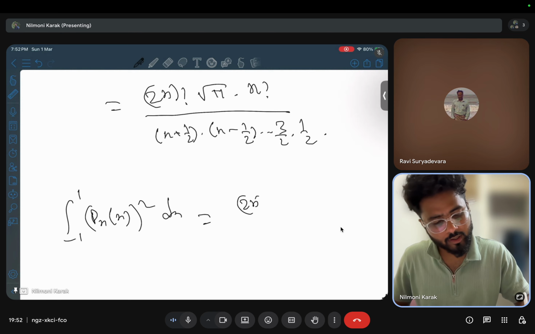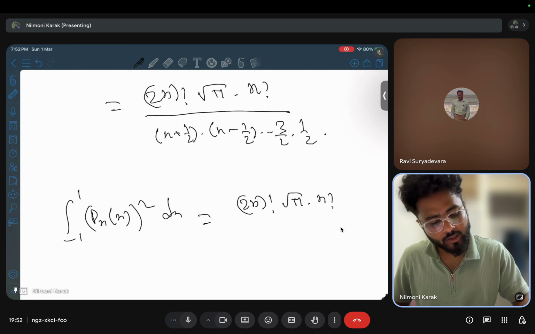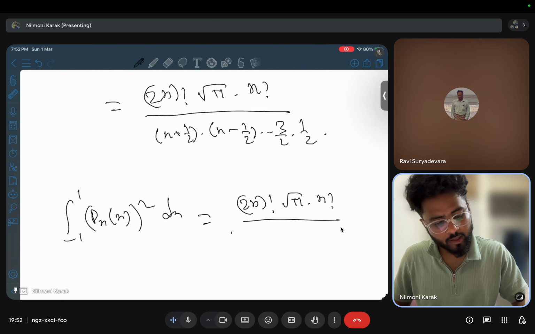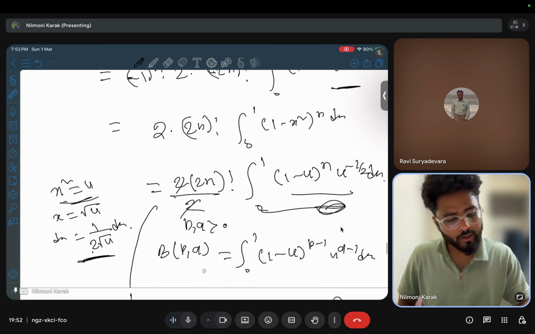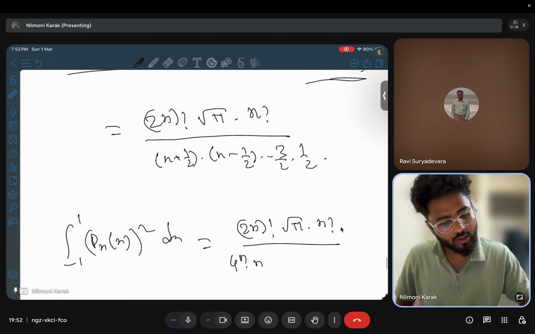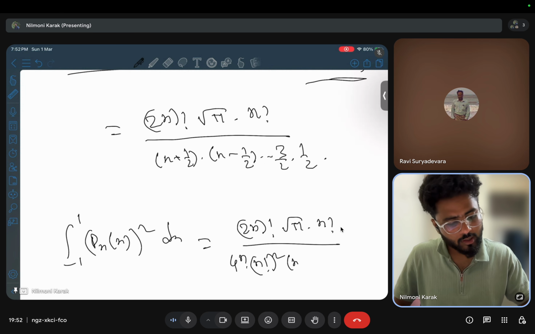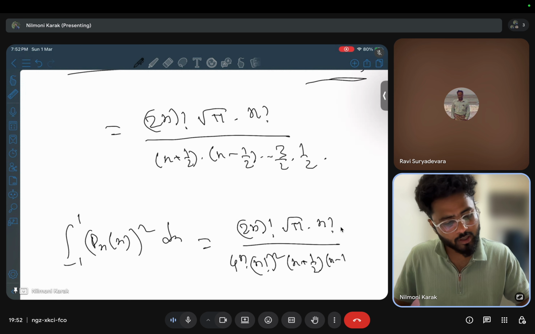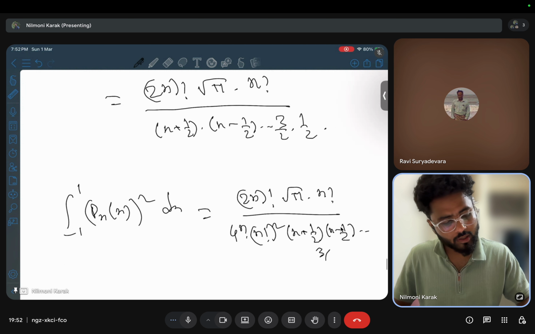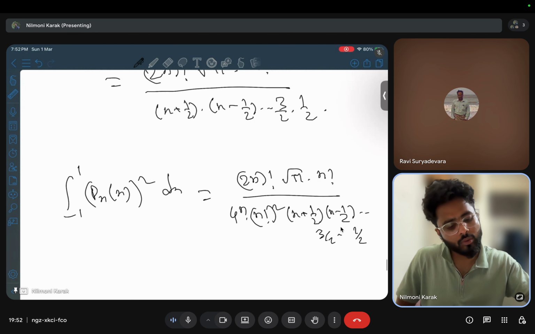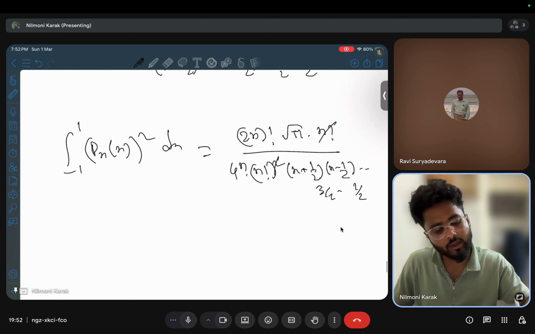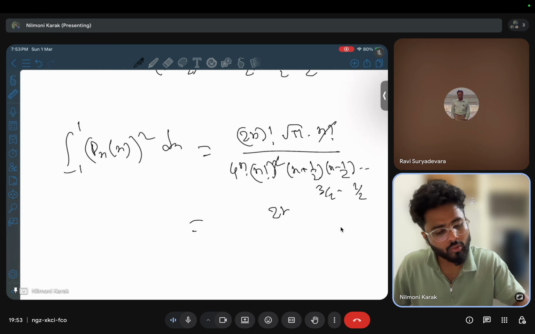So 2 n factorial root pi n factorial, and here 4 to the power n and n factorial square, n factorial square, and n plus half, n minus half, and so on, 3 by 2, half.